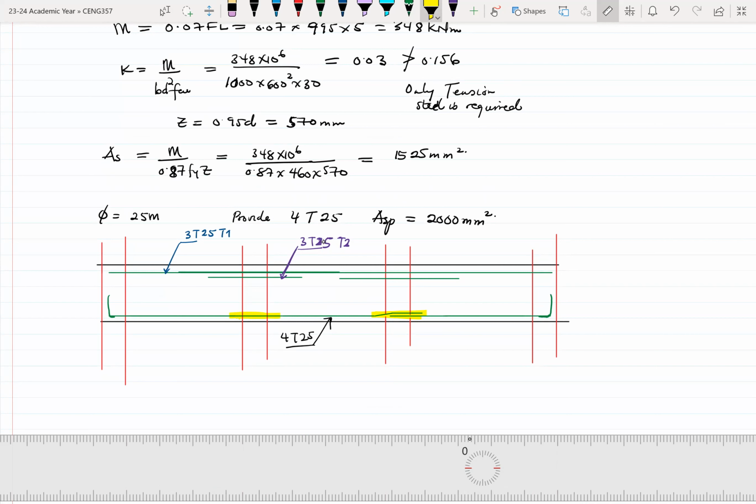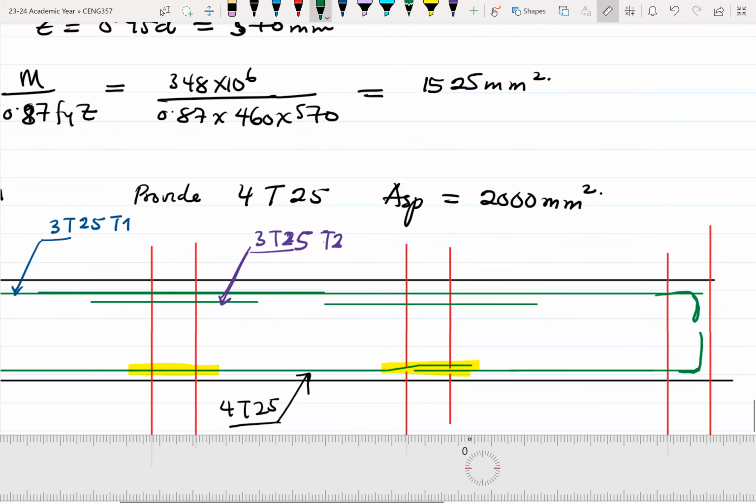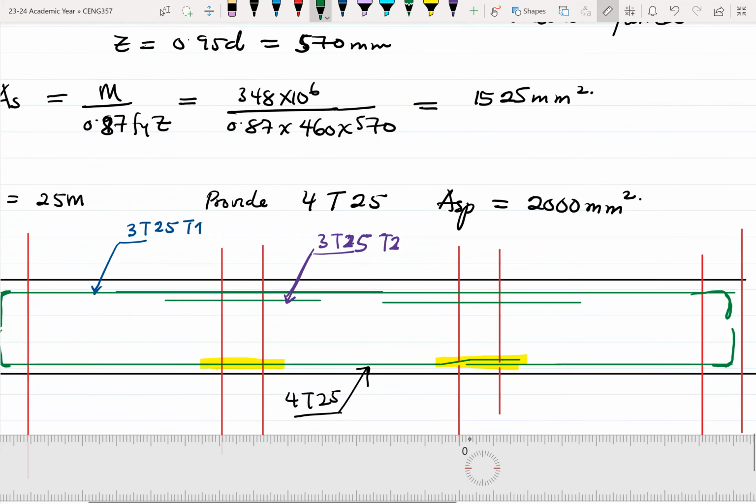So since we already have 4T25 passing through, and you have to provide 2T20, then it means that the 4T25 is more than adequate for what you have to provide. So this system is good. All right. So the beam here will support, again, assuming the length of the beam.